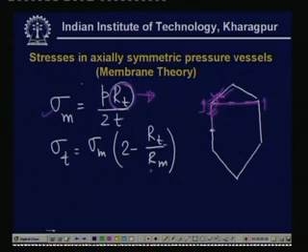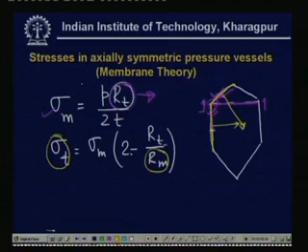But sigma t, because R m is changing, if there is a change, then R m will be changing, and therefore, we get sigma t. Of course, it is not visible from this, but had we had one continuous curve which has changed this curvature over here, then we had sigma t equal to sigma m times twice minus R T divided by R m, and because of a change in R m, we had a sharp discontinuity in sigma t.